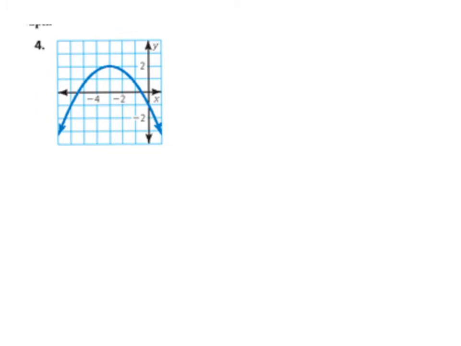So on number 4, our axis of symmetry is, we use a different color here, we use red. This line right here would divide it up evenly into a left piece and a right piece that are the same.